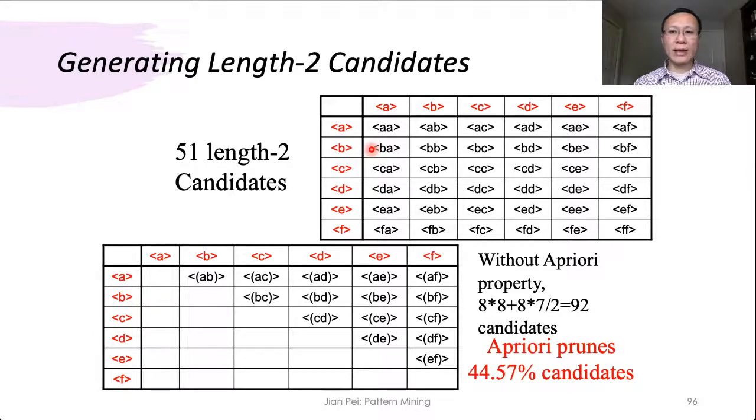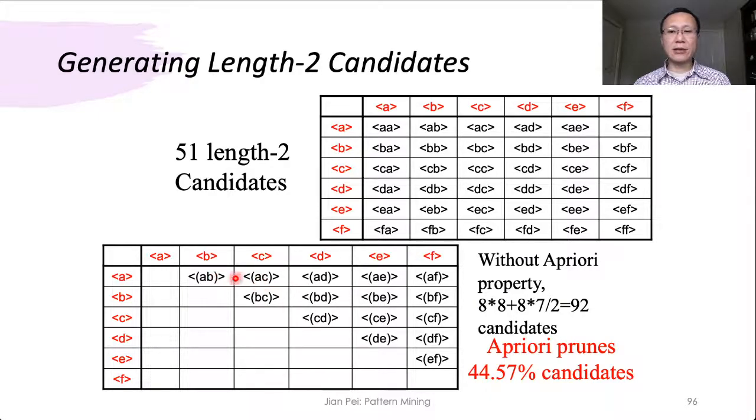This is because we have two ways to make longer sequences. First, we can do exactly what we do in the a priori algorithm on transactional databases. That is, we extend the current element into a transaction containing two items. So we have A and B combined together into AB in one element, A and C combined together into AC in the same element.